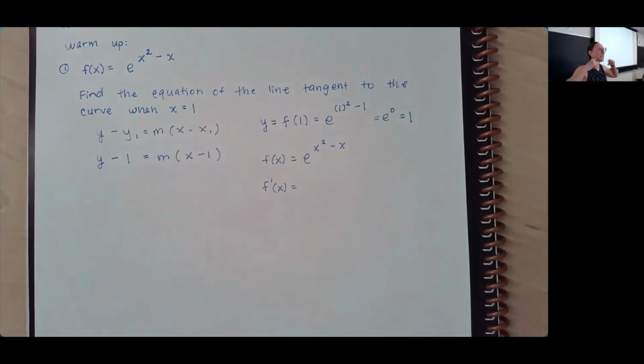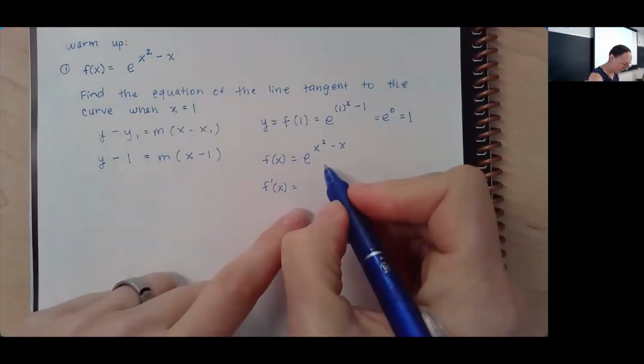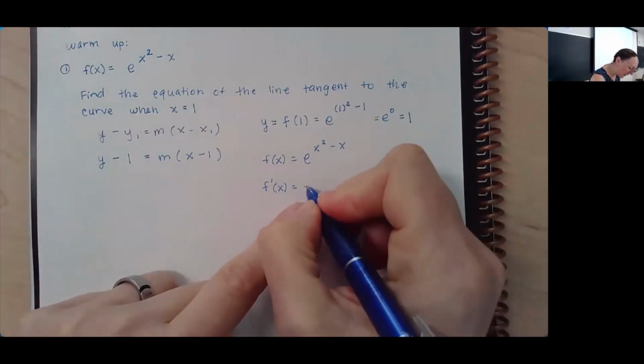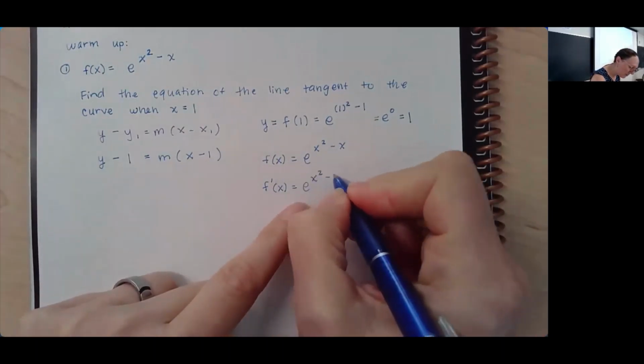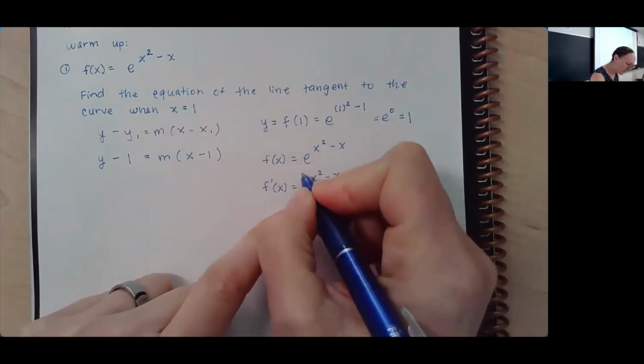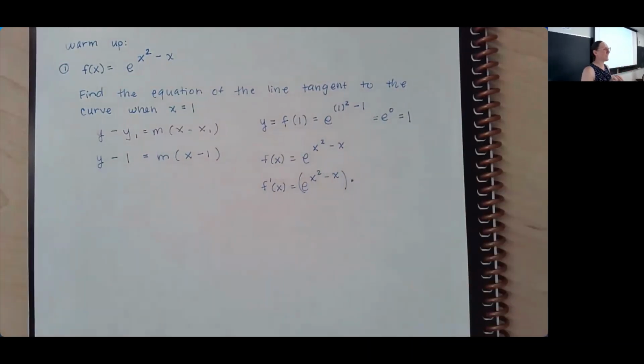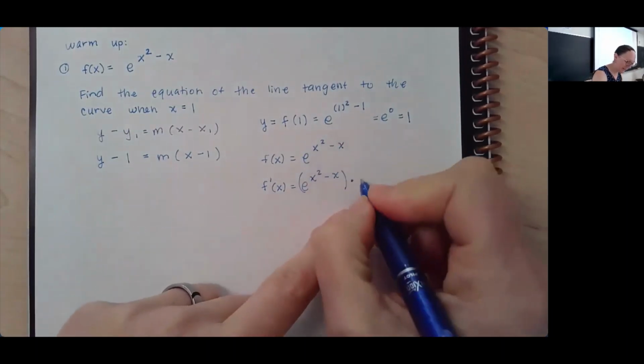So the derivative of e to the something is e to the something times whatever the derivative of that something was. So I'm looking at e to the x squared minus x times, and this is that chain rule part, the derivative of x squared minus x.